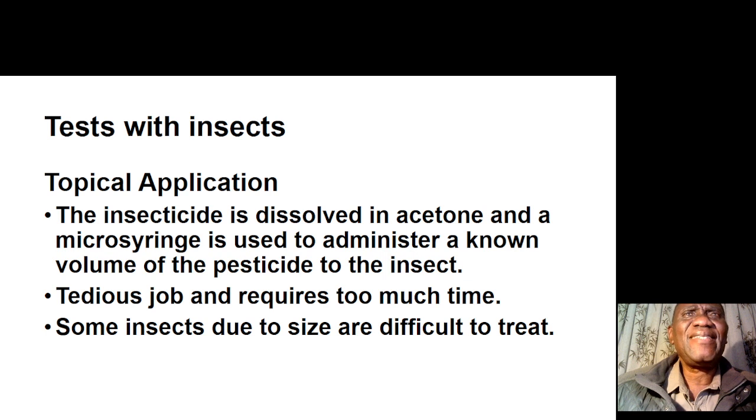Probably you have a series of concentrations which you have to administer. Now this method is a tedious job. It requires too much time, and some insects, due to size, are difficult to treat. If you were doing a research project on these things, probably it could be a difficult project to conduct.